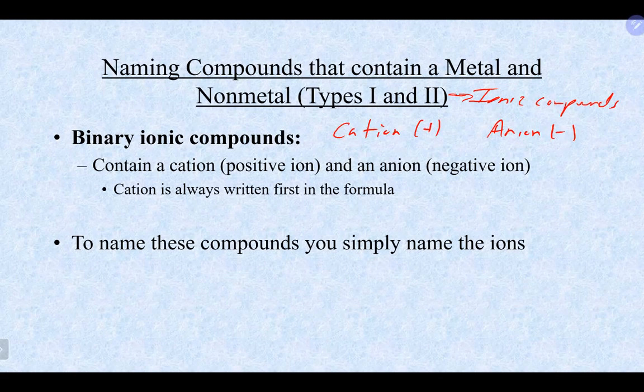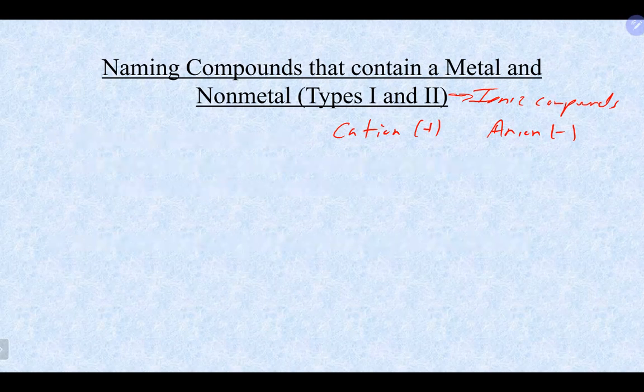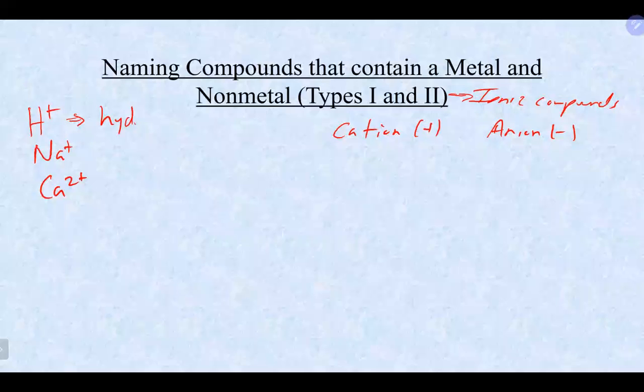If you have just the ion by itself, here's the process we go by in terms of naming them. Let's do it up here so you can see. For example, if we have H+, Na+, or Ca2+, as we talked about, we pretty much just use the whole name. So this would be the hydrogen ion.